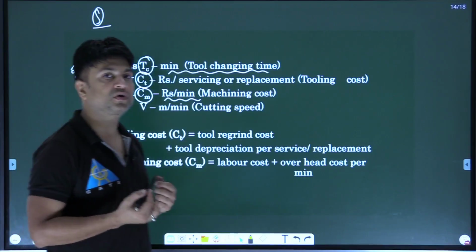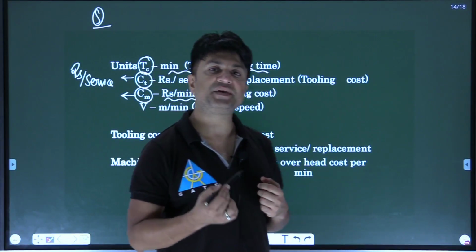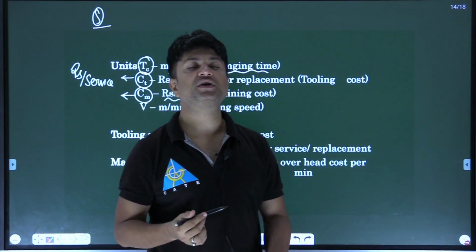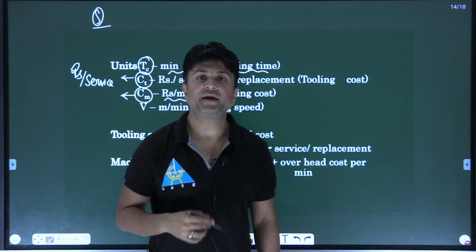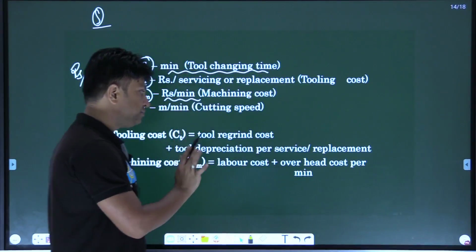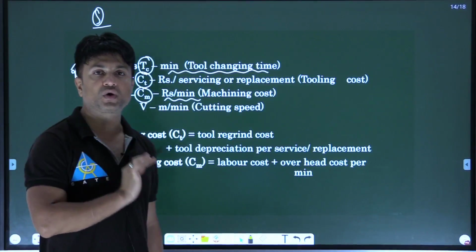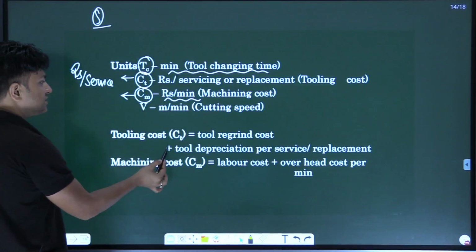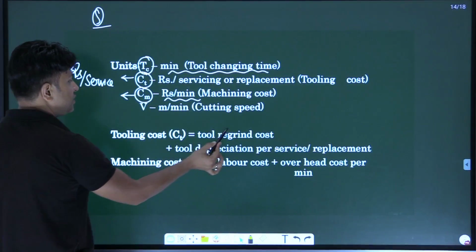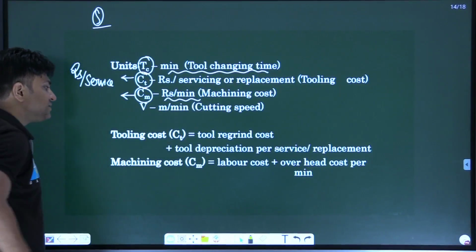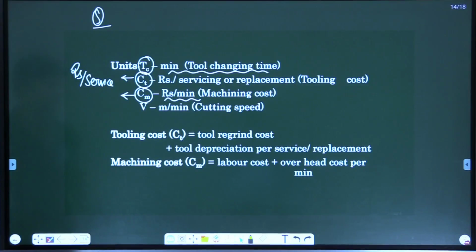If those costs have a unit of rupees per service, then you just add them. Suppose two costs are given whose unit is rupees per service, simply add these two costs. So tooling cost is tool regrinding cost plus tool depreciation per service. Hope you understand.